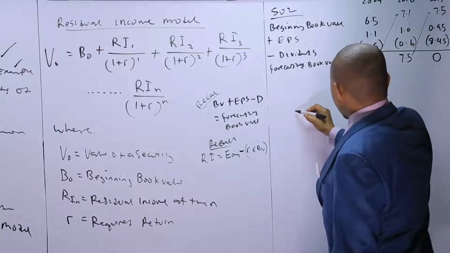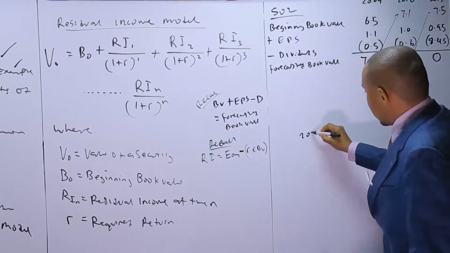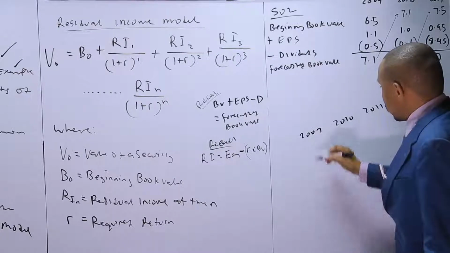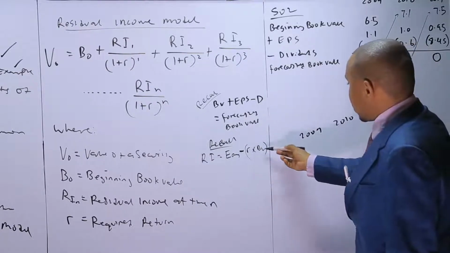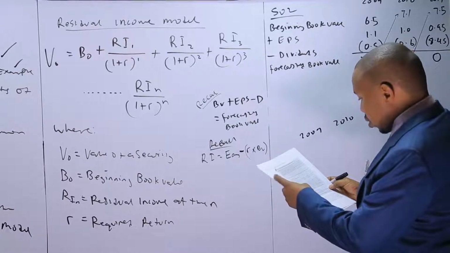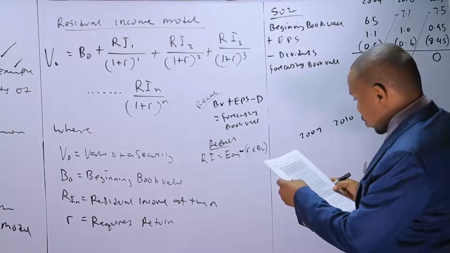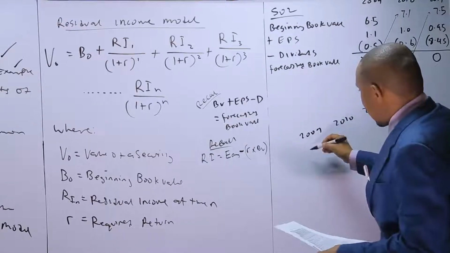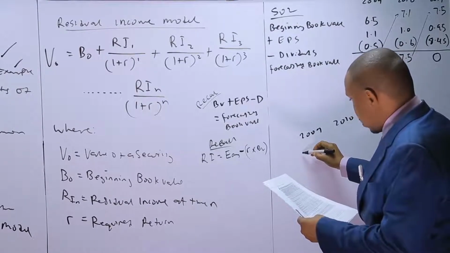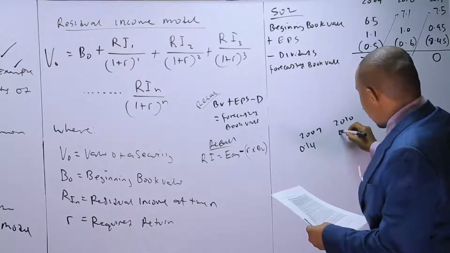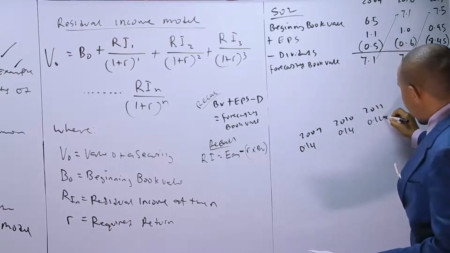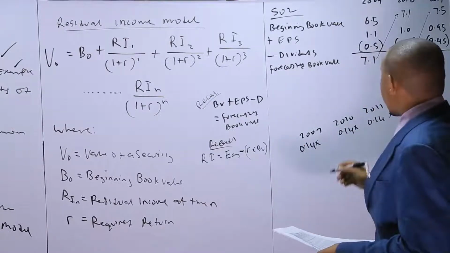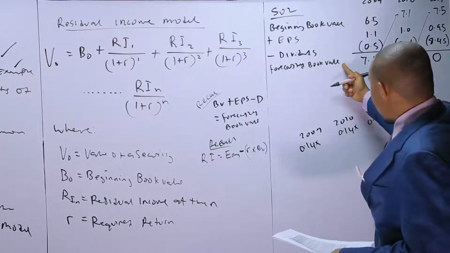So for 2009, we can just do it over here: 2009, 2010, and 2011. So 2009, we have the cost of equity times the book value of equity. The cost of equity, based on the information given to us, we have the required rate of return as 14%. So 0.14 multiplied by the beginning book value, not the forecasted book value.